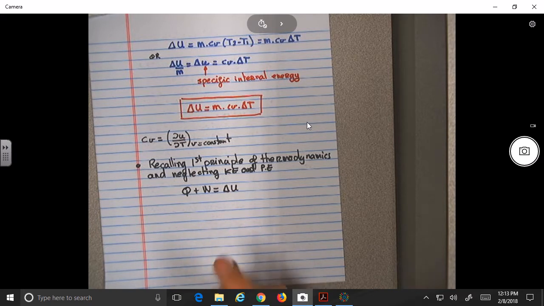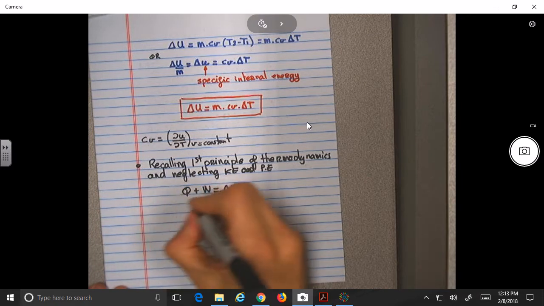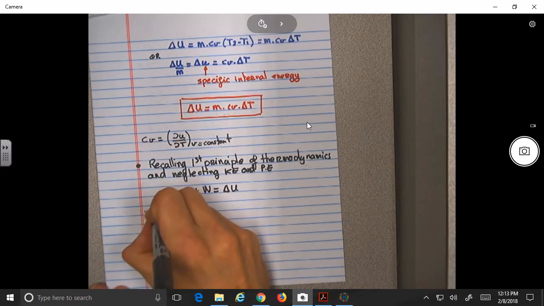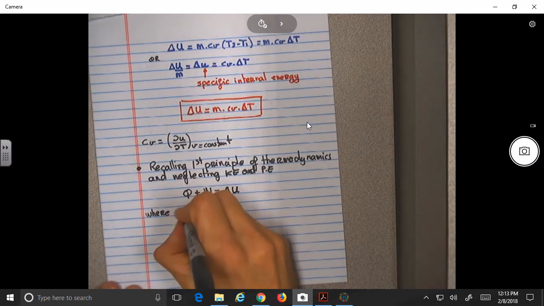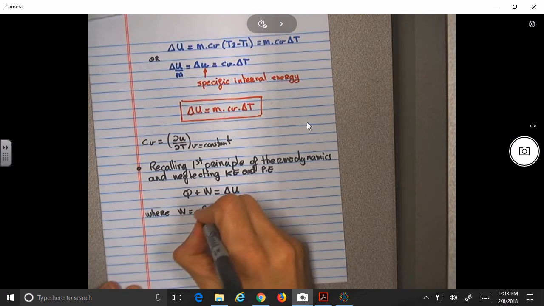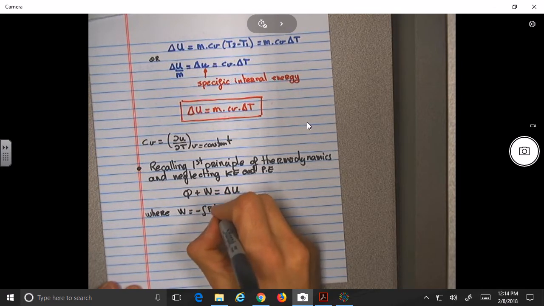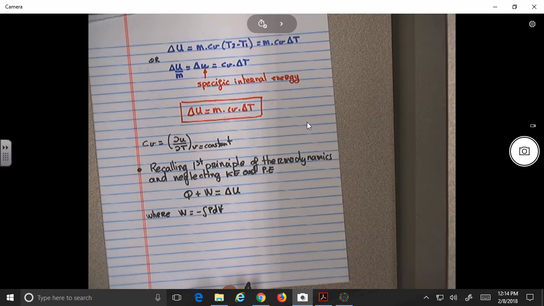So now, if instead of a closed system like a closed box, we have a closed system which is a piston cylinder assembly, what would the work be equal to? Minus P dV, no?